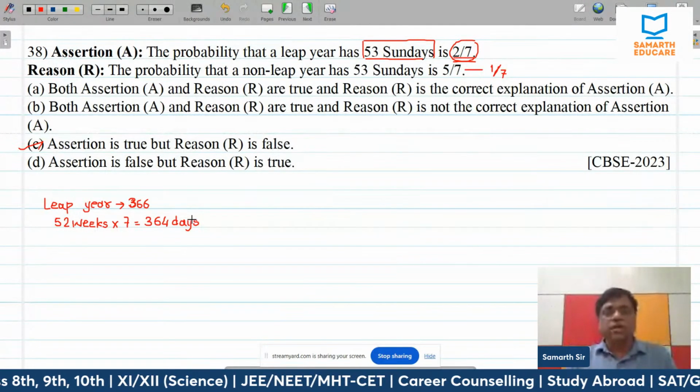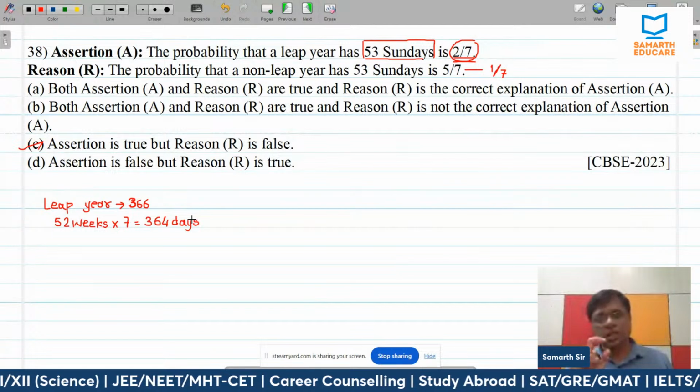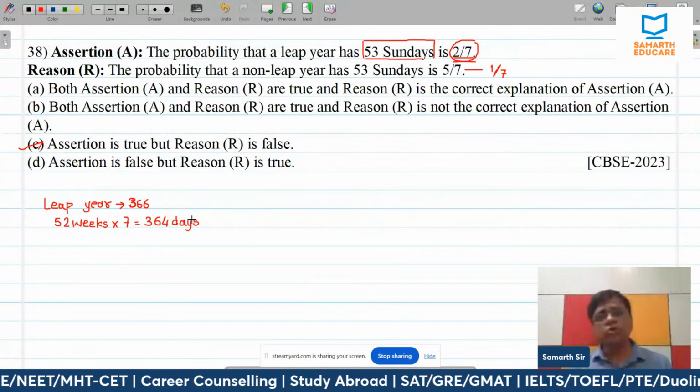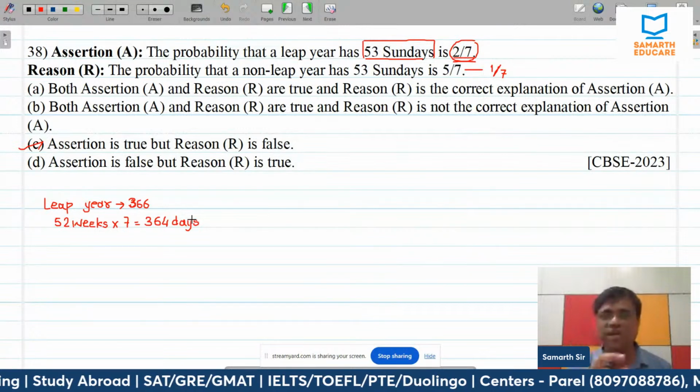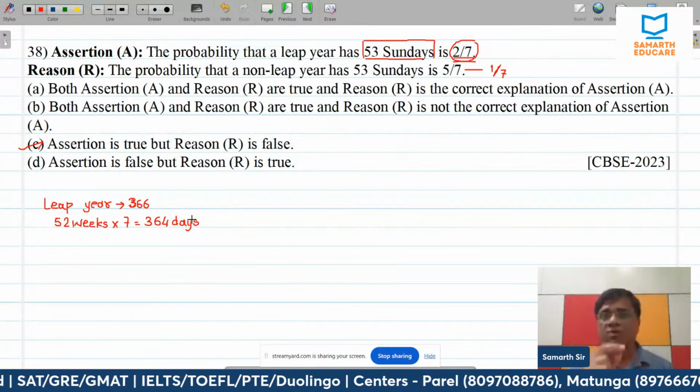So basically कोई भी साल हो उसमें 52 Sundays तो होने ही वाले हैं. Try to understand, when I say 7 days a week, that means every week has one Sunday.